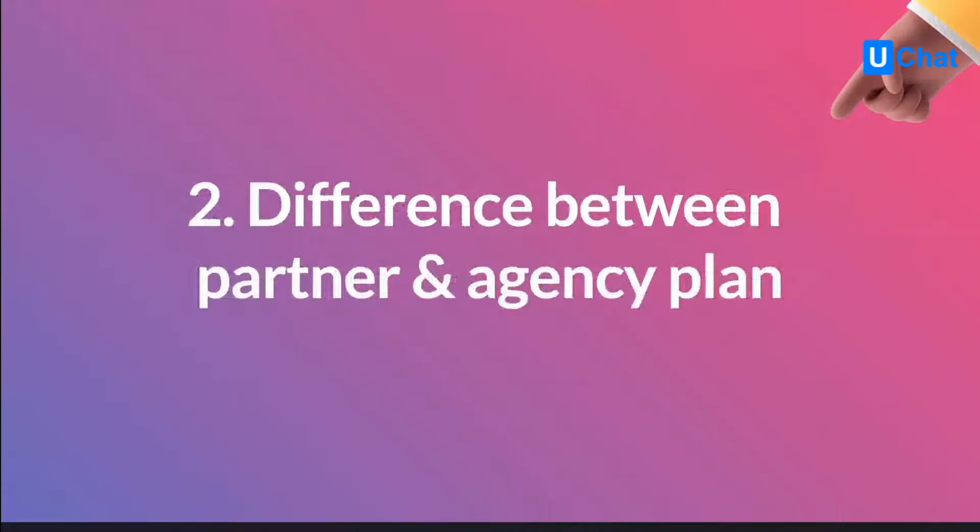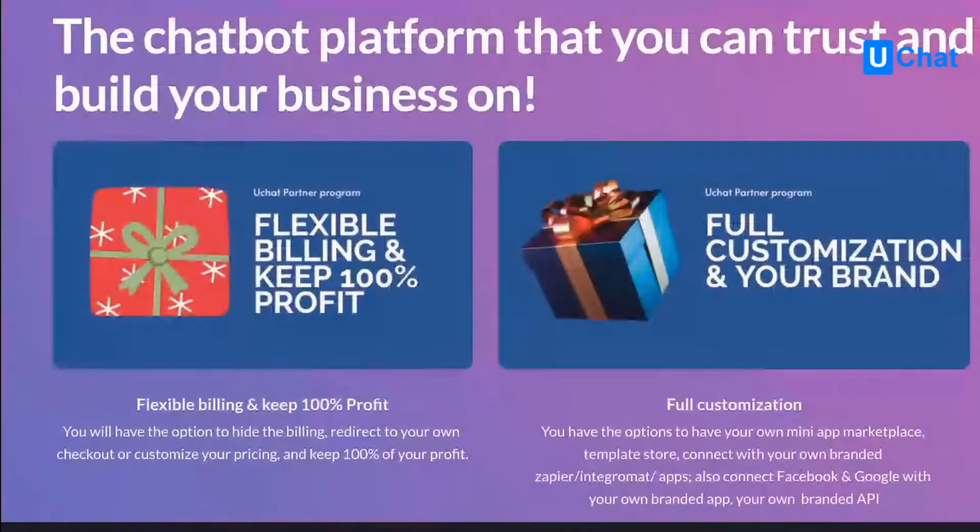Now let's talk about the difference between the Partner plan and the Agency plan. The Partner plan is basically where we want to give the digital marketing agency full flexibility. Okay, it's flexible pricing. You can design your own plan, your own pricing, and the customer will subscribe to you first. It will go to your checkout page and pay you first.